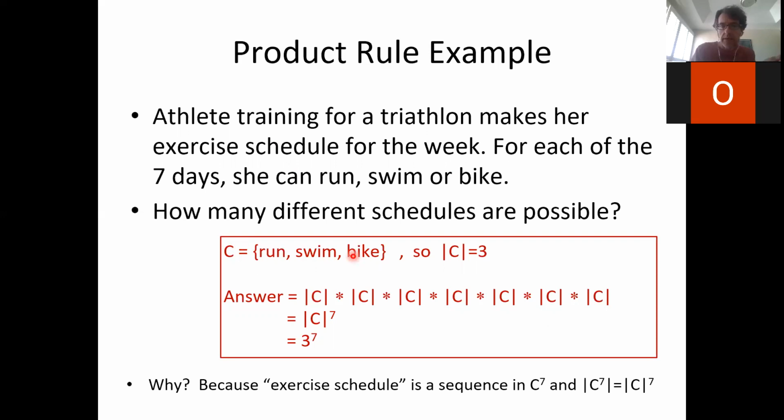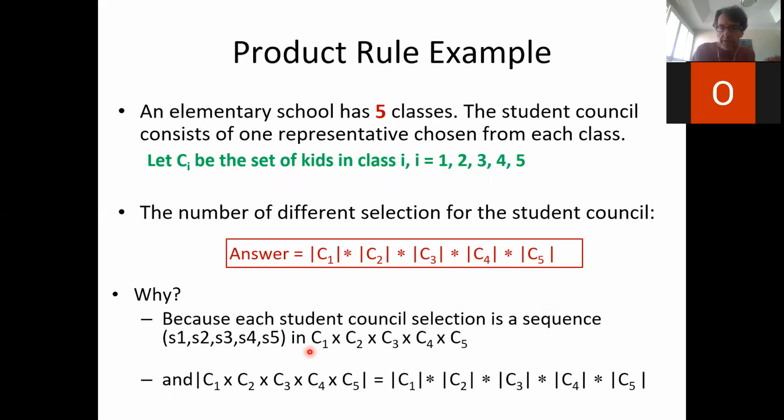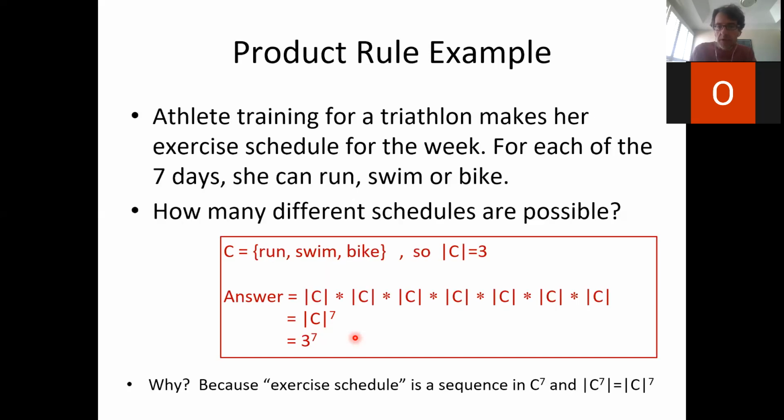And unlike the previous example, where the set of students in this class is different from the set of students in the other, right? So the first student must be in this set, the second in this set, and the two sets are different. Now it is a cardinality, but every set is the same.